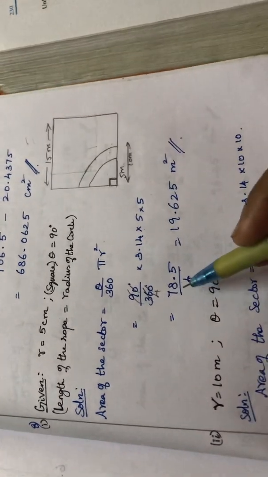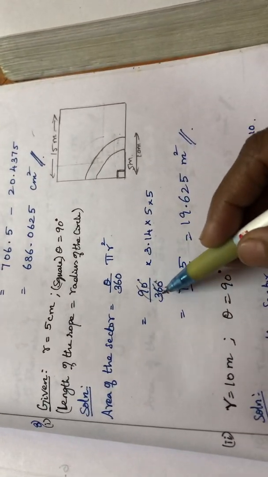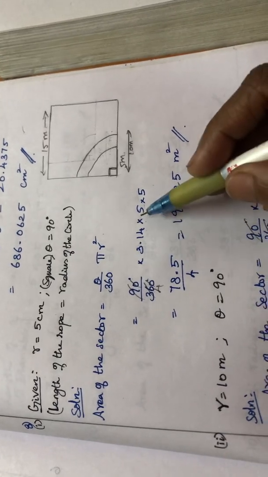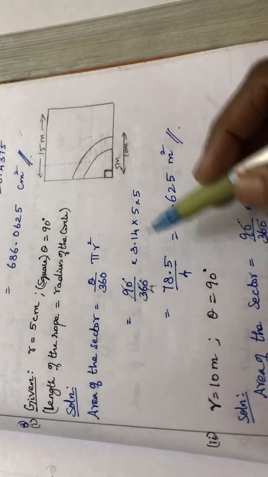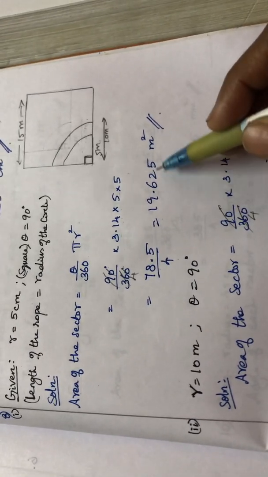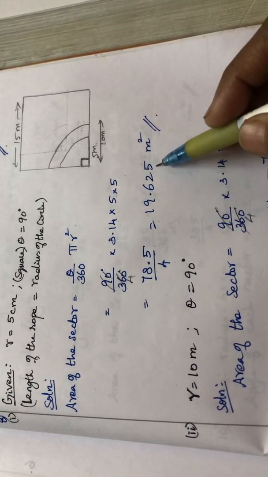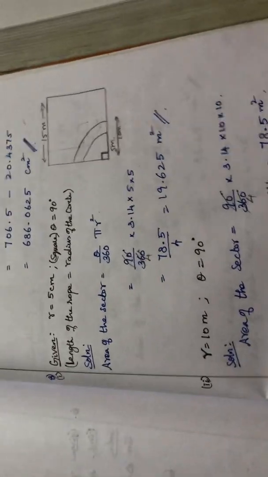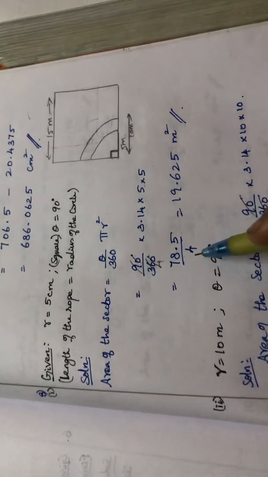When I am simplifying, 90 by 360 is 1 by 4. So multiply all these values, 3.14 into 5 into 5, you will get 78.5 divided by 4. So final answer, when I am dividing this, is 19.625 meters square. This is the area the horse can graze for the radius 5 meter.